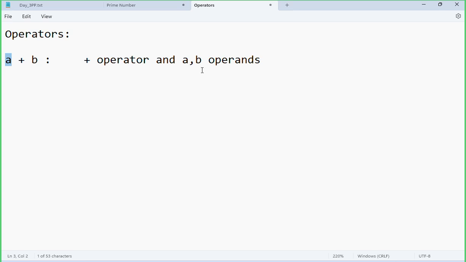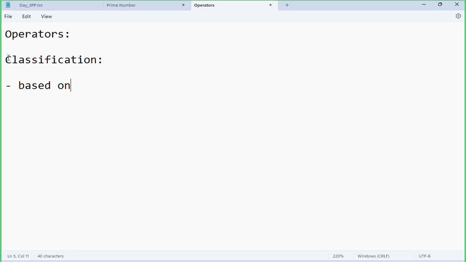So the first classification is based on the number of operands: your operator is working on how many operands.